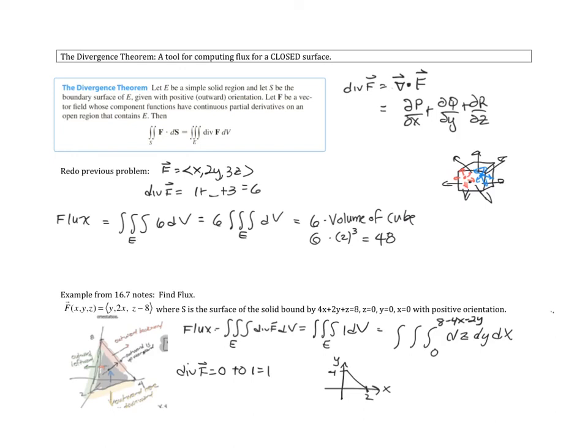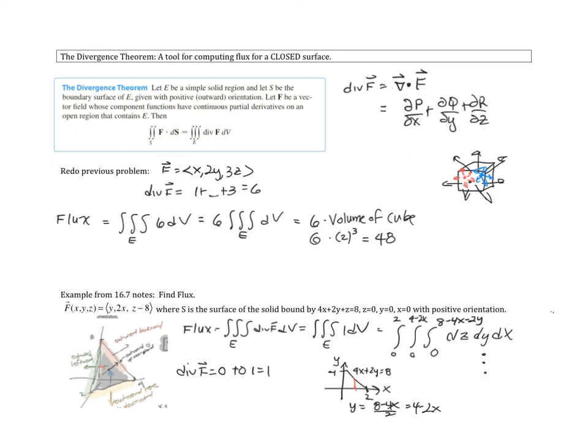So 4x plus 2y equals 8. And if we solve for y there, y equals (8 minus 4x) over 2. Okay, so the limits for dy dx: y would go from 0 to 4 minus 2x as x goes from 0 to 2. So you could compute that as a triple integral.